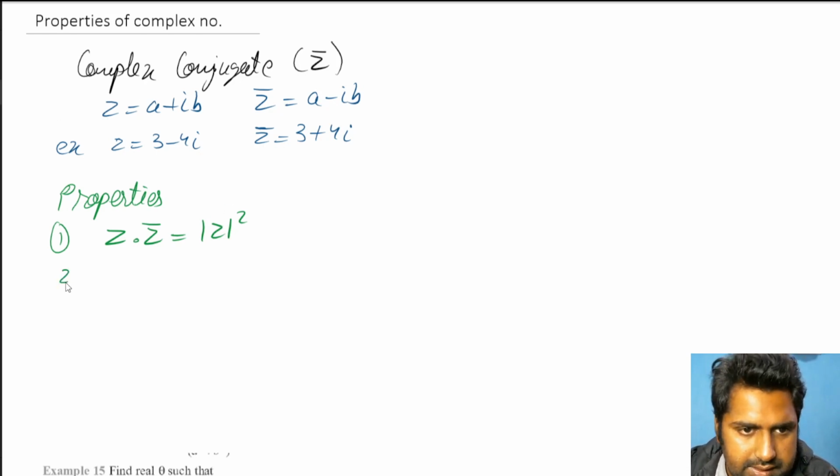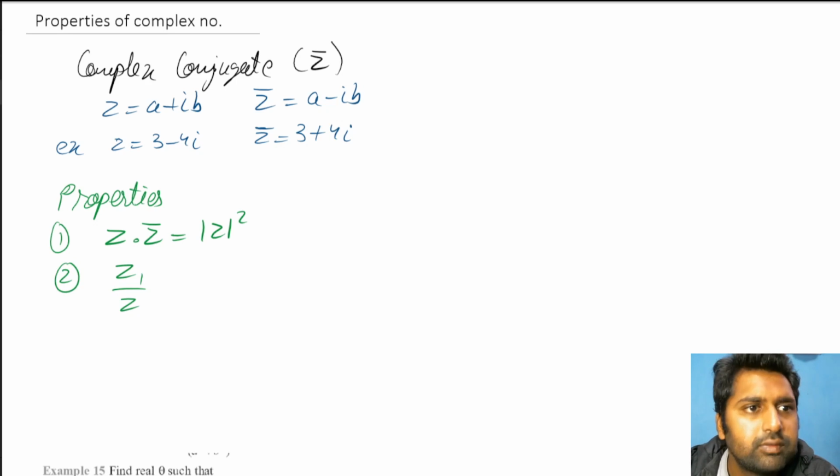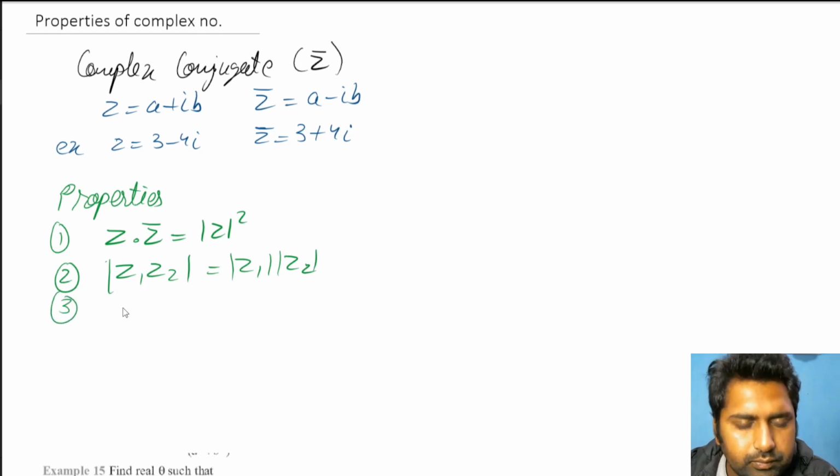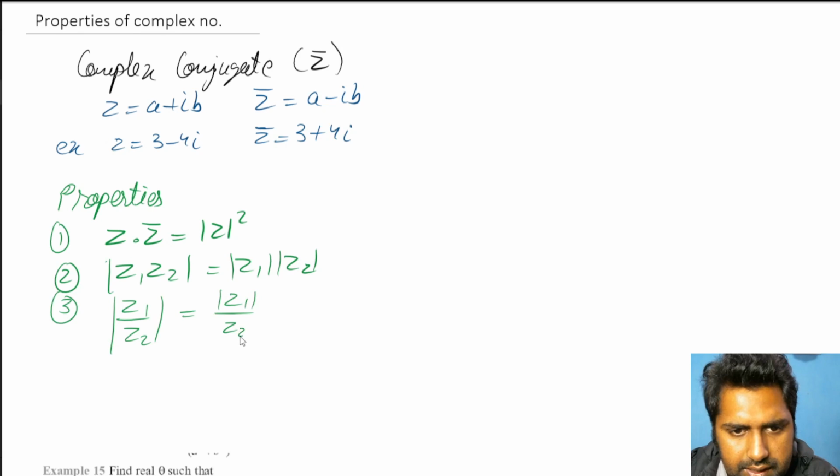Second, you can split the modulus of two complex numbers in multiplication. Modulus of z1 z2 is mod z1 into mod z2. Third, the same thing can happen in division also. If two complex numbers are being divided and you have to calculate the modulus, you can calculate the modulus of each number and then divide.